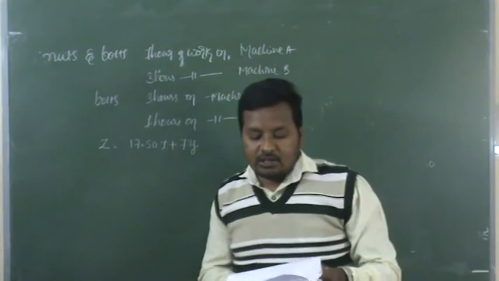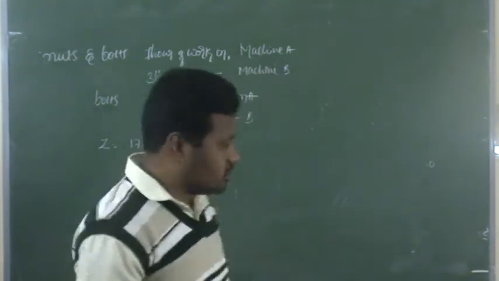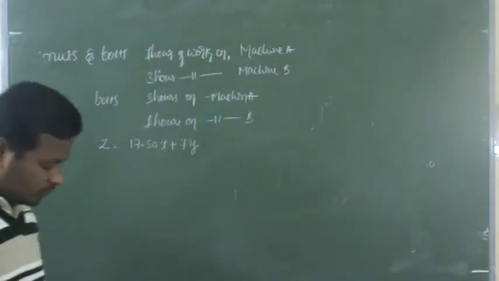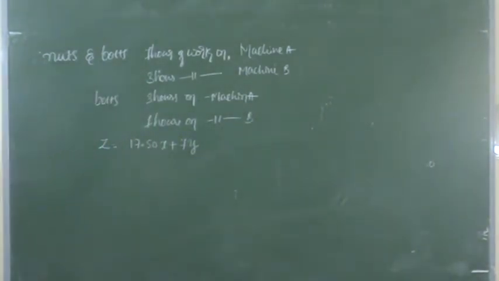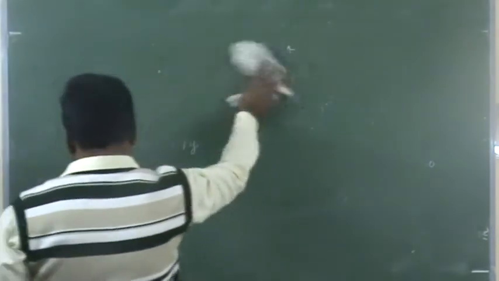How many packages of nuts and bolts are produced? That is the question. We write the data first. Solution: let the manufacturer produce x packages of nuts and y packages of bolts.